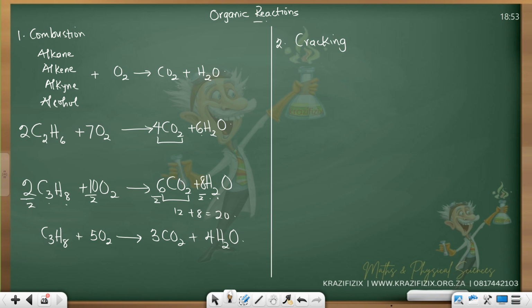It is the breaking down of long hydrocarbons into smaller, usable units. That definition is important. Now, there are 2 reactions in cracking. We are going to take a long hydrocarbon and break it down into a smaller alkane plus an alkene.